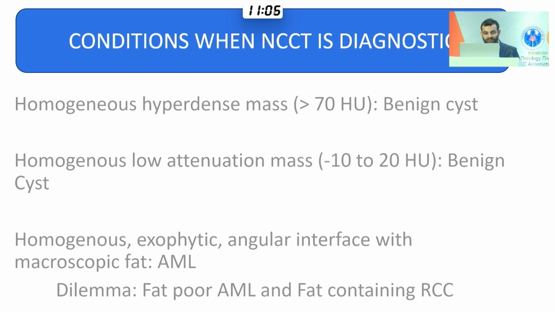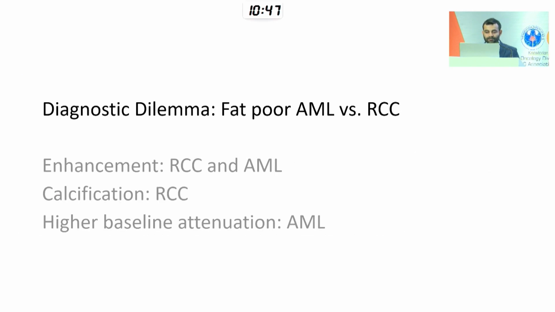Now the dilemma could crop up due to fat-poor AML and fat-containing RCCs, which may not be conclusively diagnosed, and mind you, these two entities are difficult to differentiate even on contrast CT scans. So there are some pointers to differentiate fat-poor AMLs from RCC.